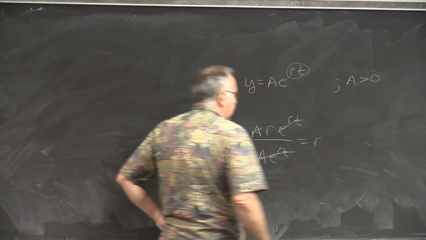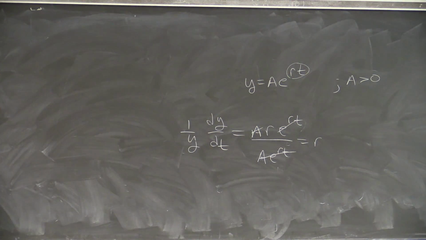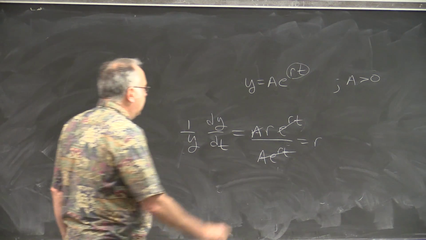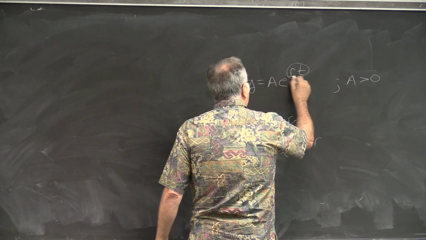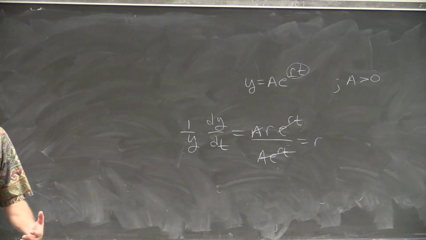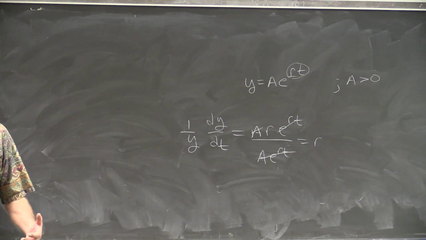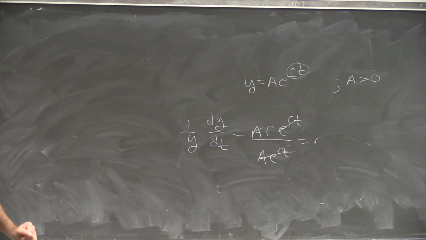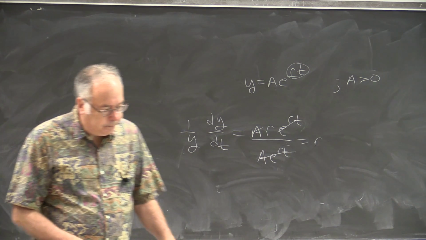You're just left with r. So that is a mathematical proof, really, that this r term here, that's a constant, represents the instantaneous growth rate of y at any moment in time. Instantaneous growth rate.